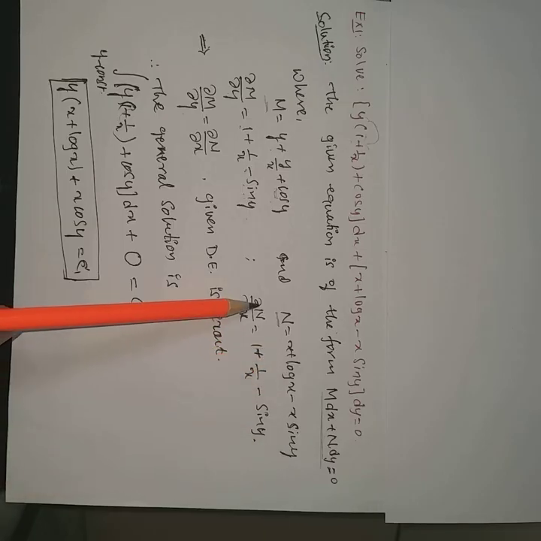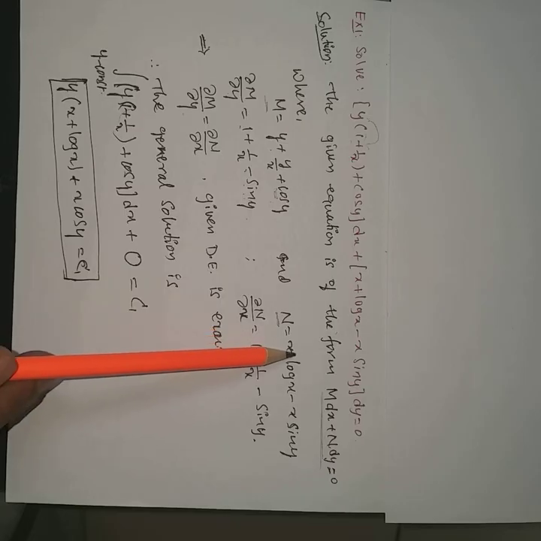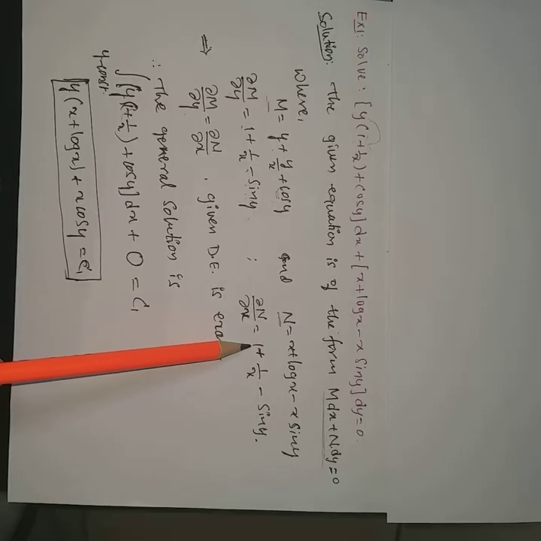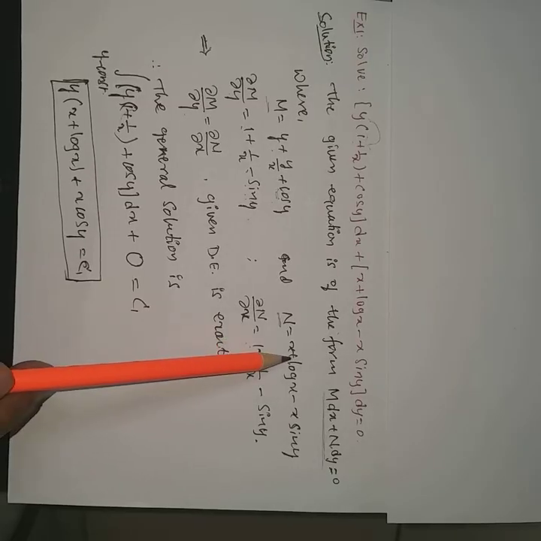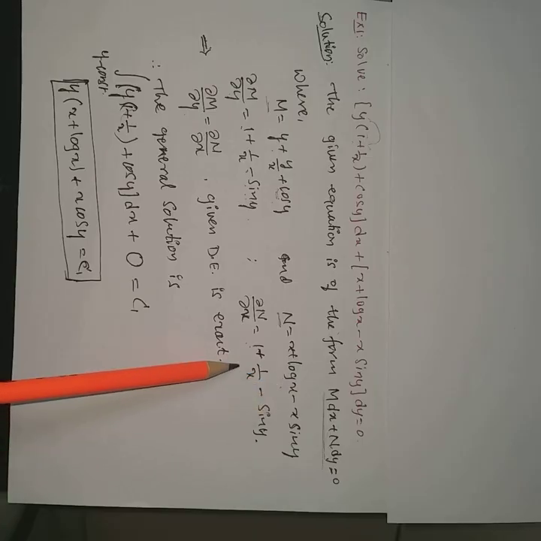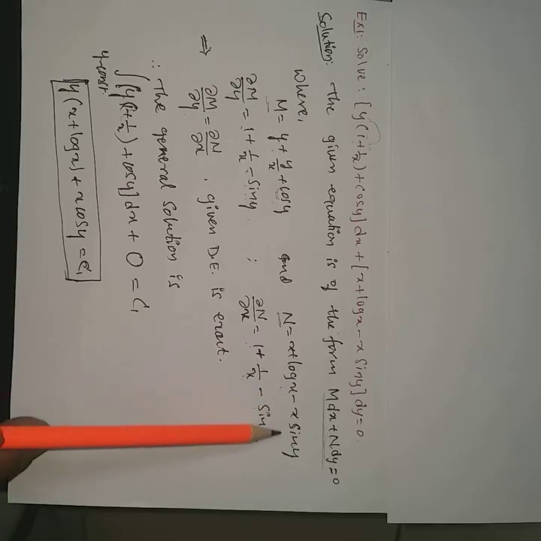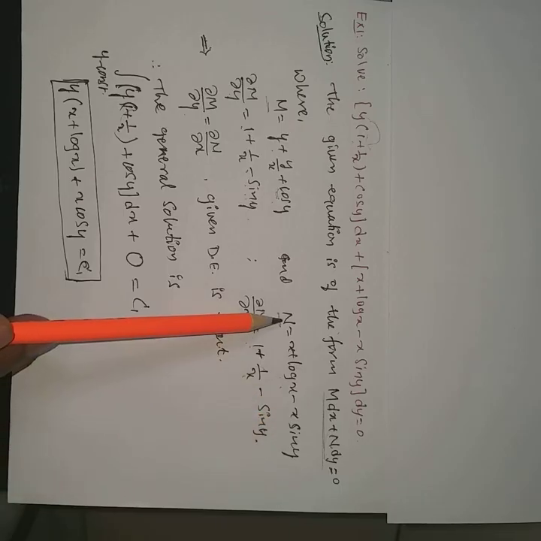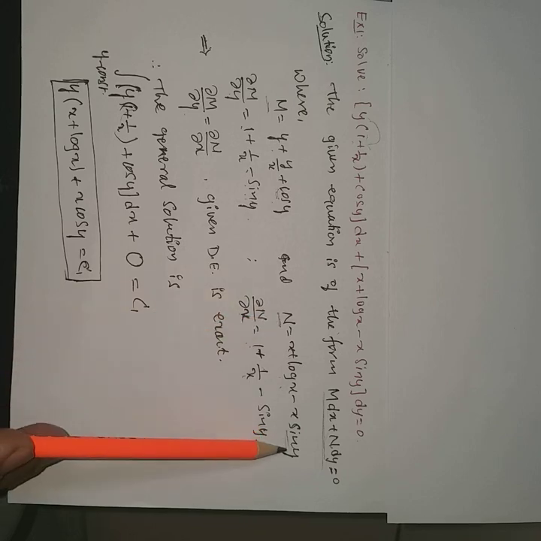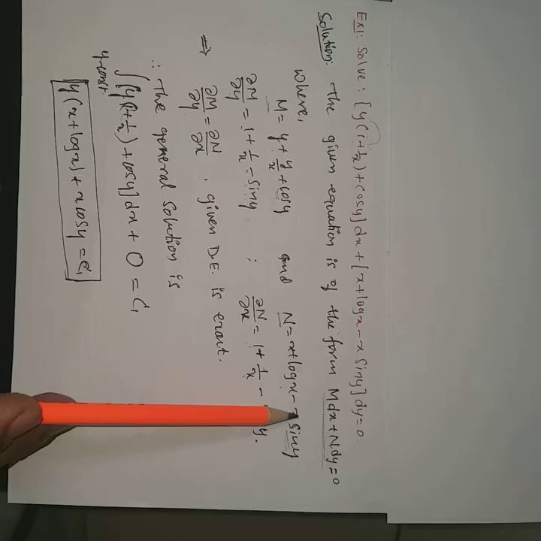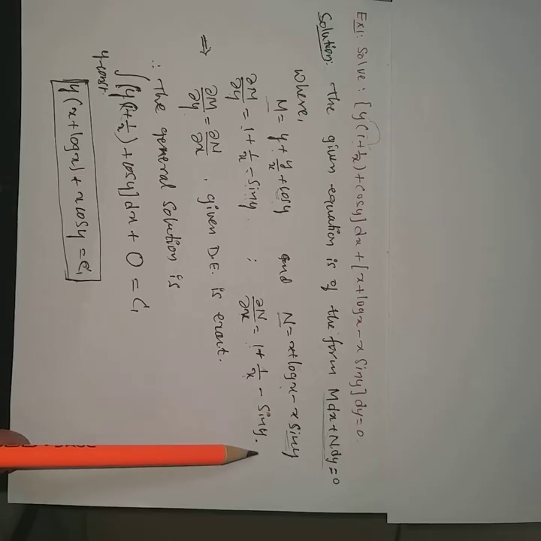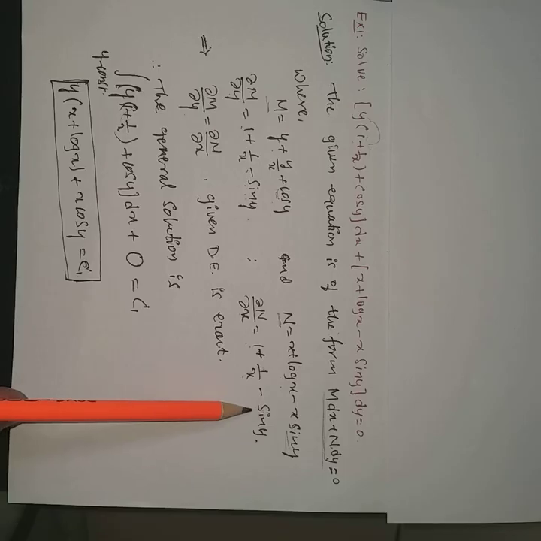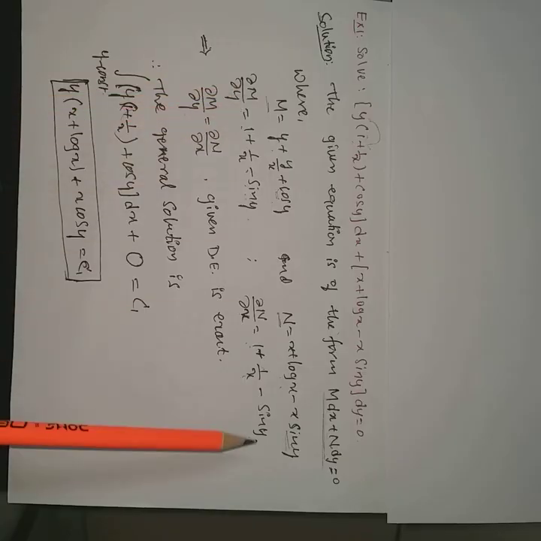Dou N by dou x: differentiation of x with respect to x partially, with y treated as constant, becomes 1, plus differentiation of log x, which is 1 by x. In the last term, since we differentiate partially with respect to x, sin y is held constant, and differentiation of x is 1, so this becomes minus sin y.